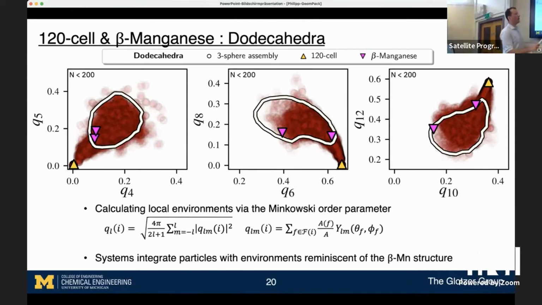But some of them already form defects, or environments which are not compatible with the 120 cell, and they reach into this regime, where this white line shows the region where the beta manganese structure occurs.